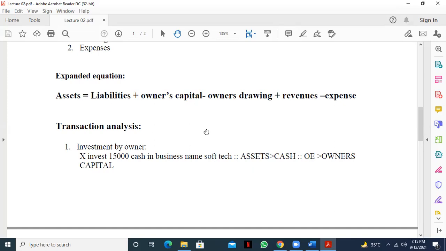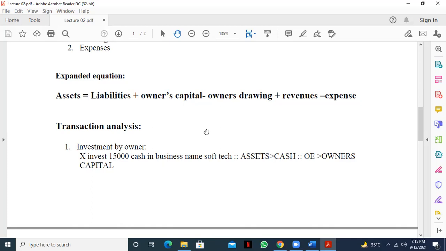X invests 15,000 cash in business, name ShopTech. Okay, 15,000 invested by X, or the owner invested 15,000 cash in a business, name ShopTech. So you know, if we invest any money in business, then what will we do?